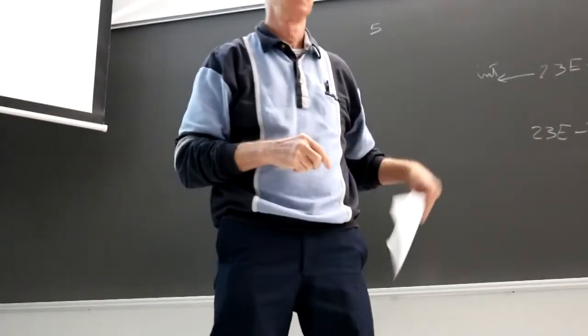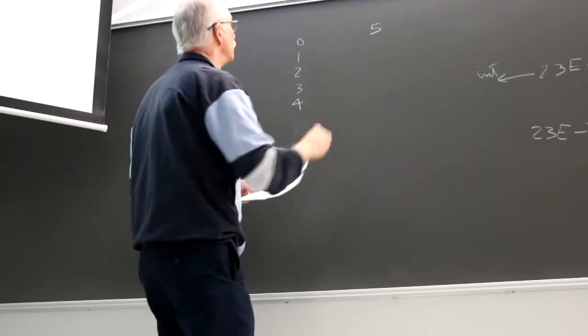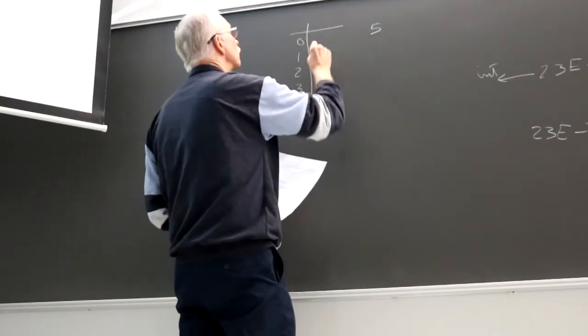How do we know that? Well, these are not accepting states, and this is an accepting state. So non-accepting states and accepting states have to be doing something different. All right, so we decide what's going on.